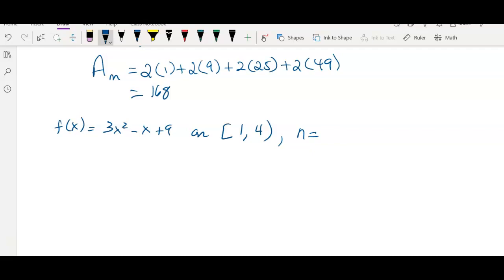Somebody said it: 3, because 4 minus 1 is 3. There are nice 3 rectangles you can put between 1 and 4. So I'm going to have you do n equals 3, and I want you to calculate the midpoint Riemann sum, because we did agree that is definitely a better approximation.